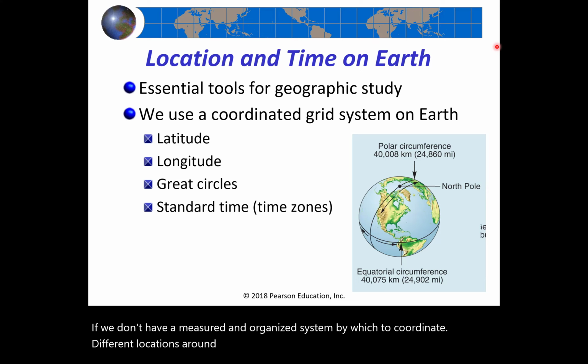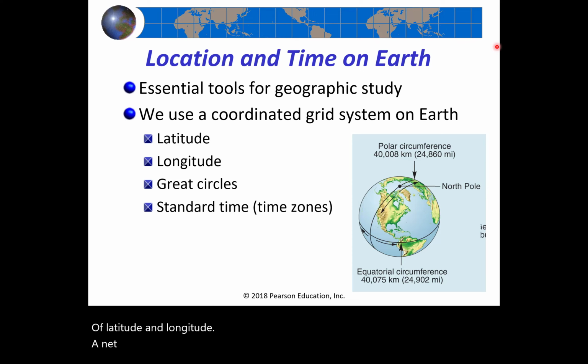And so the grid system that we use consists most commonly of latitude and longitude. It creates a net-like pattern across the Earth. And we'll talk about latitude and longitude in just a second.